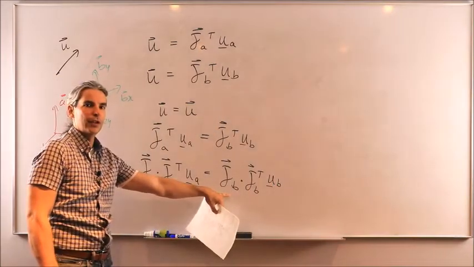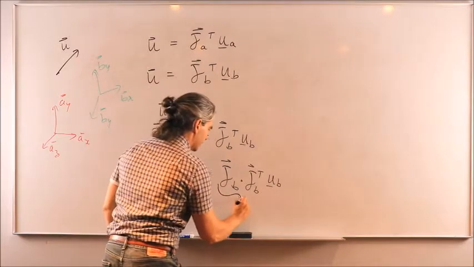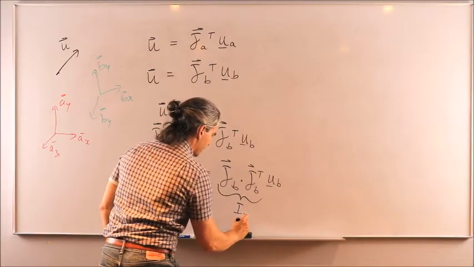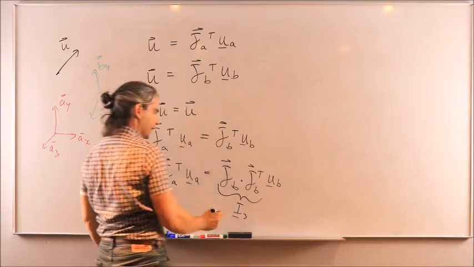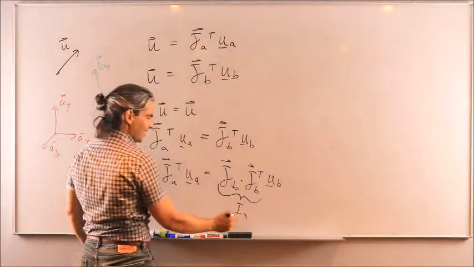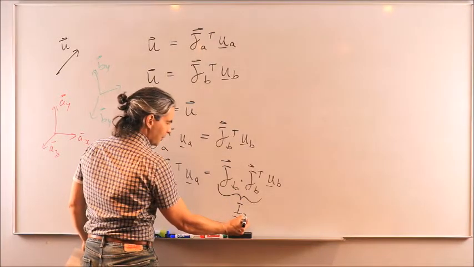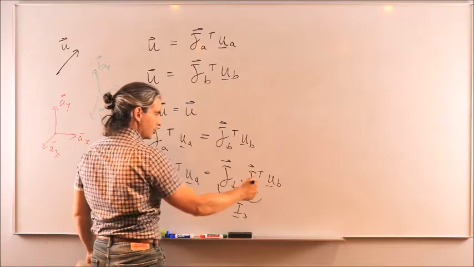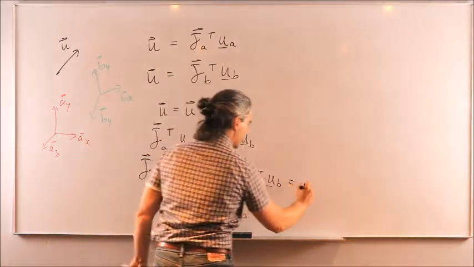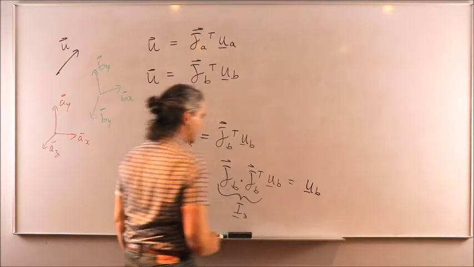We saw that several times already, and we know that this is your identity matrix 3 by 3, and we've determined that that's a 3. That identity 3 by 3 times a 3 by 1 gives you just a 3 by 1. And say equal then to UB on the right-hand side.